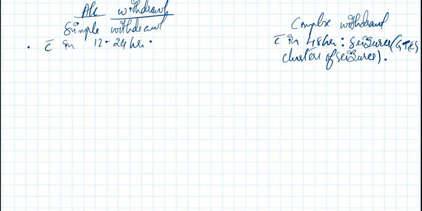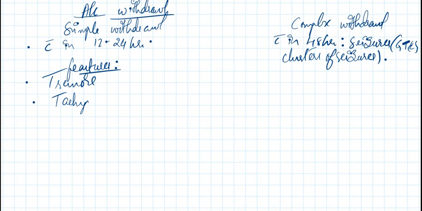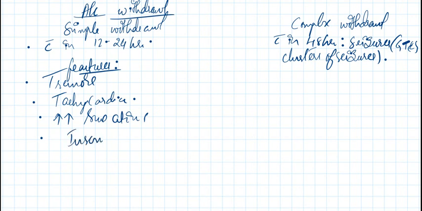Now what are the features we observe here? First is tremors; we see tremors in simple withdrawal. Also tachycardia and increased sweating. There will be insomnia, that means sleeplessness, decreased sleep.